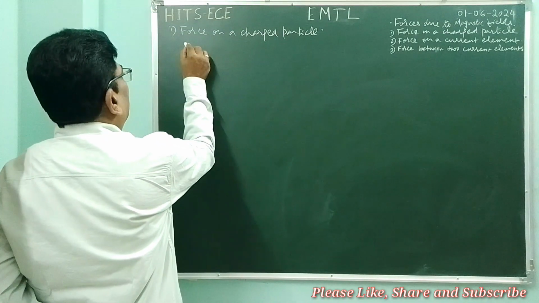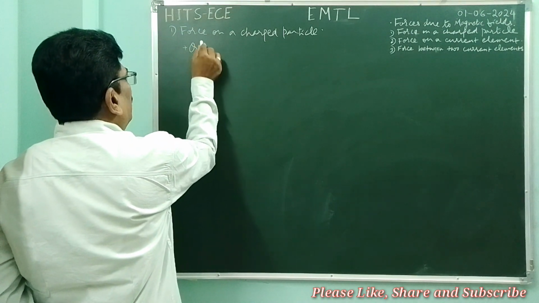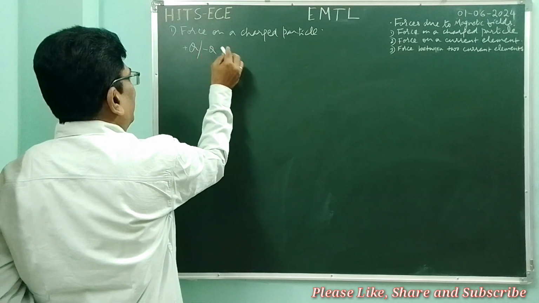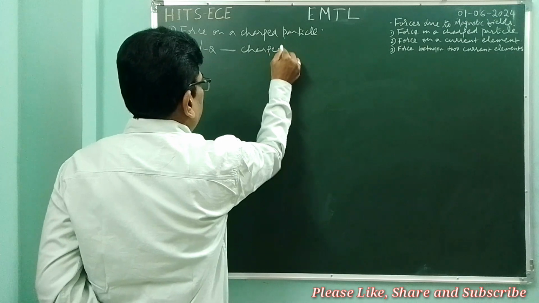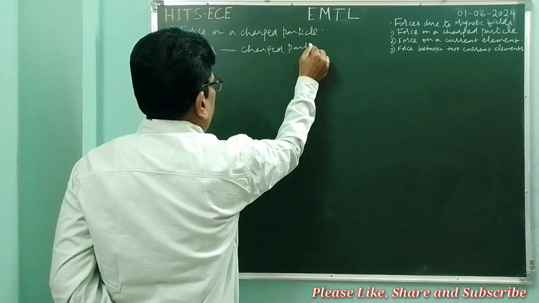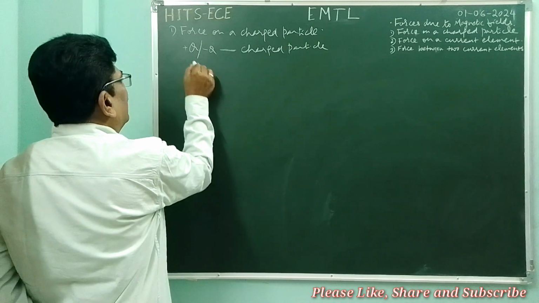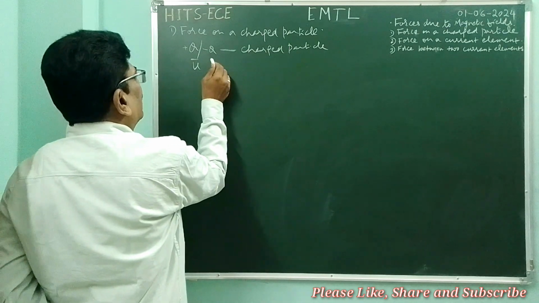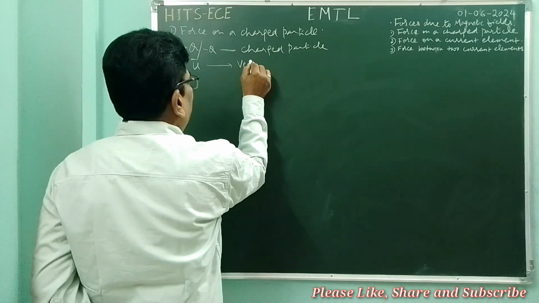Force on a charged particle. This charged particle can be plus q or minus q, that is, positive or negative charge. Let u be its velocity with which it is moving.